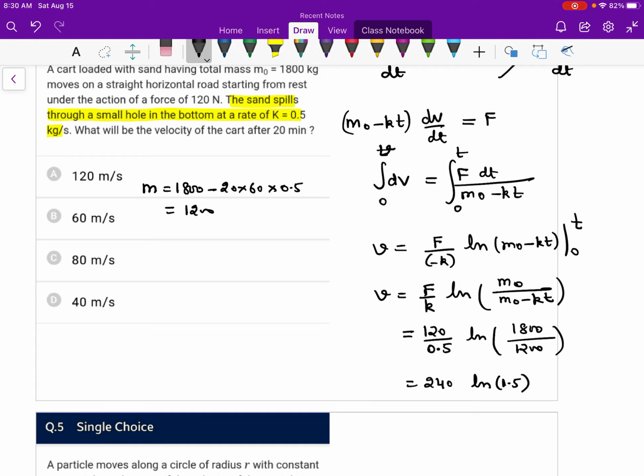So guys, there's no answer matching. Let's take the closest one. So closest option will be, see, ln 1.5 is around 0.4. So 240 into 0.4 roughly, so that is 96 meters per second. So there is no close option.